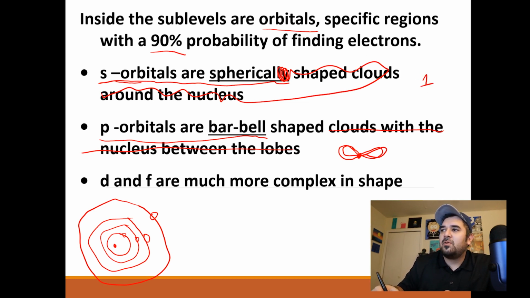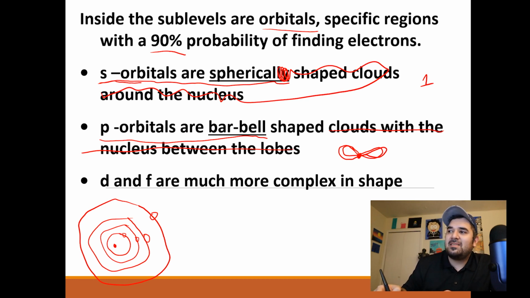So let me draw them for you. So here's our nucleus, and our s block is going to be just a circle that revolves around it. And each orbital can hold 2 electrons, and basically there's a possibility that there are 2 electrons in here. So let's say this is helium, there are 2 electrons in here. Now let's say it's lithium.